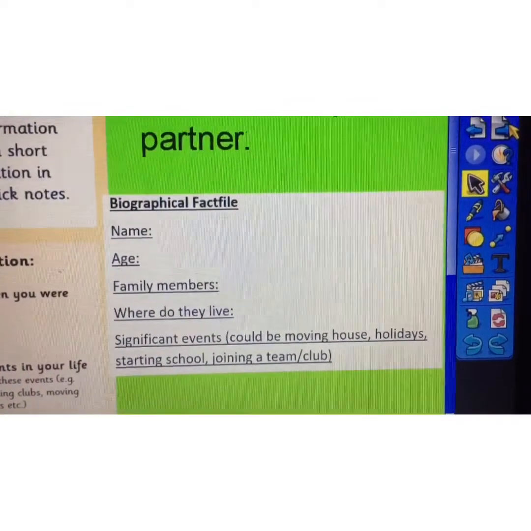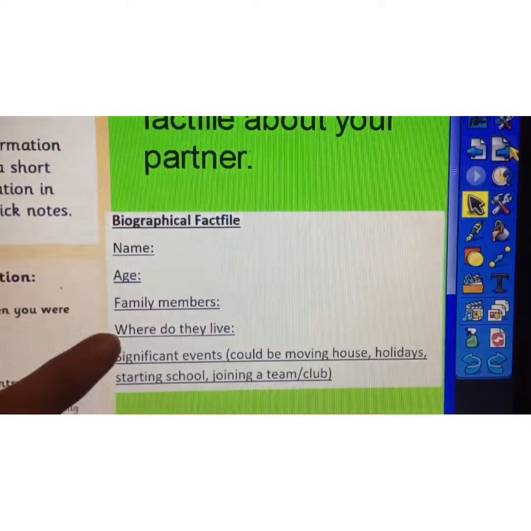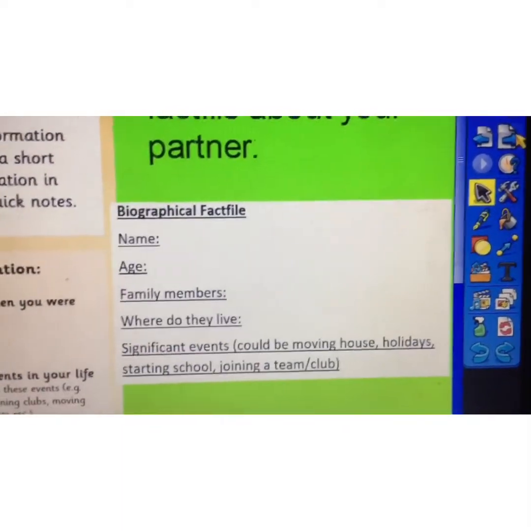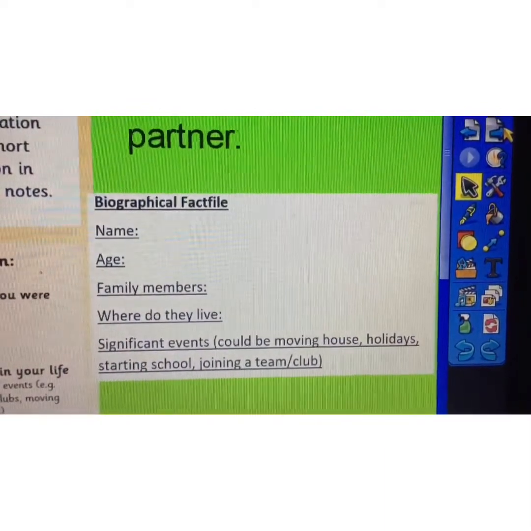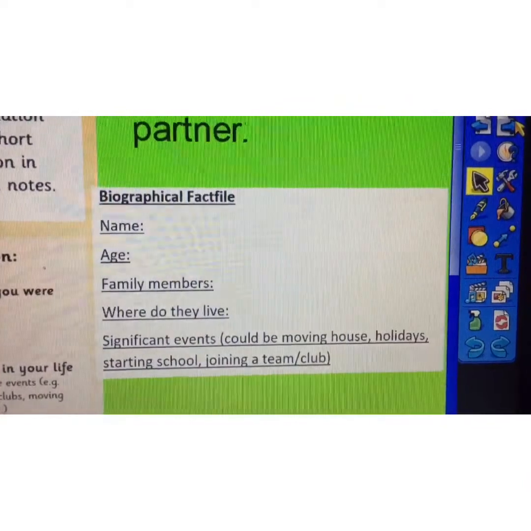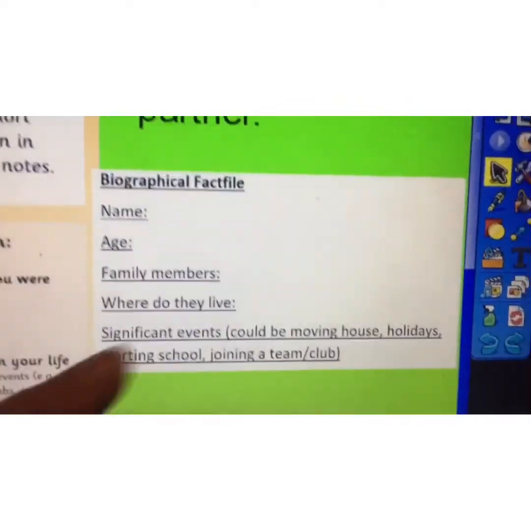Okay, so we've got some different headings there. Their name, their age, their family members, where do they live, and then some significant events about their life. And you may have to do a little bit of research about this if it's for a famous person. But if it's about somebody who lives in your house or one of your friends, then you can ask them these facts.